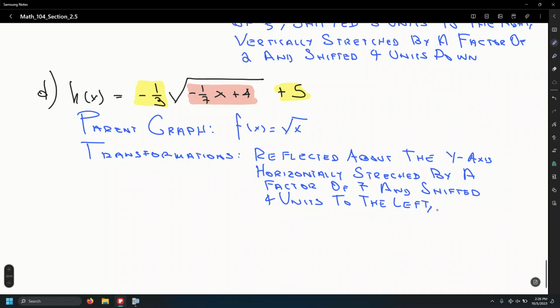Reflected across the x-axis. And then what else? In this case, that 1/3 would mean it's vertical.